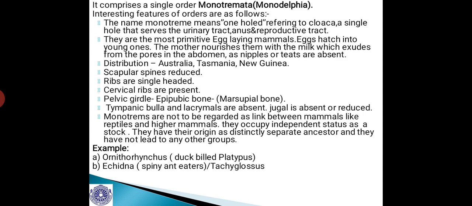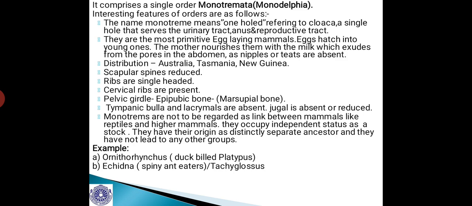And they are the most primitive egg-laying mammals, and the eggs hatch into young ones, wherein the mother nourishes them with the milk which is exuded from pores in their abdominal region. And the young ones lick these pores to get the milk, because the nipples or teats are absent in the mammary glands of these prototherians.